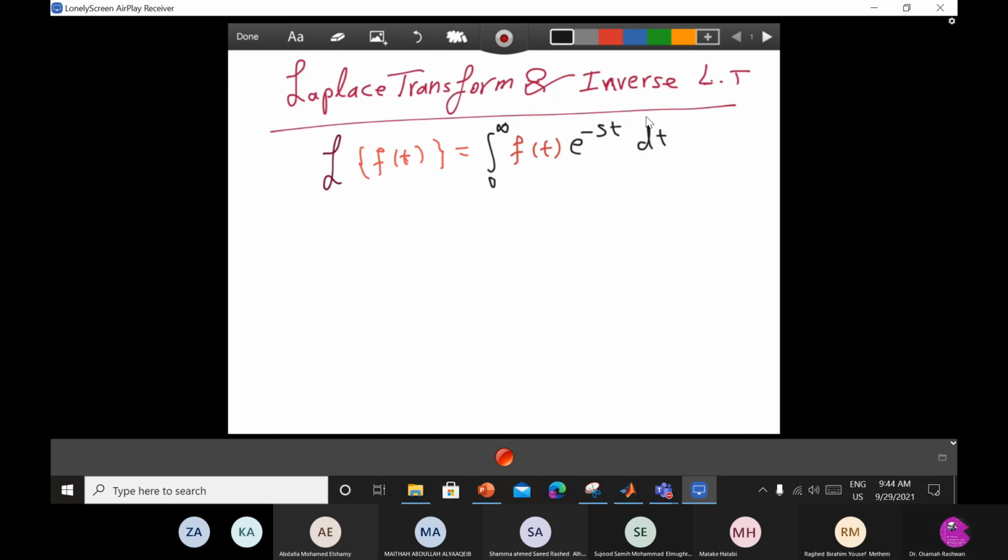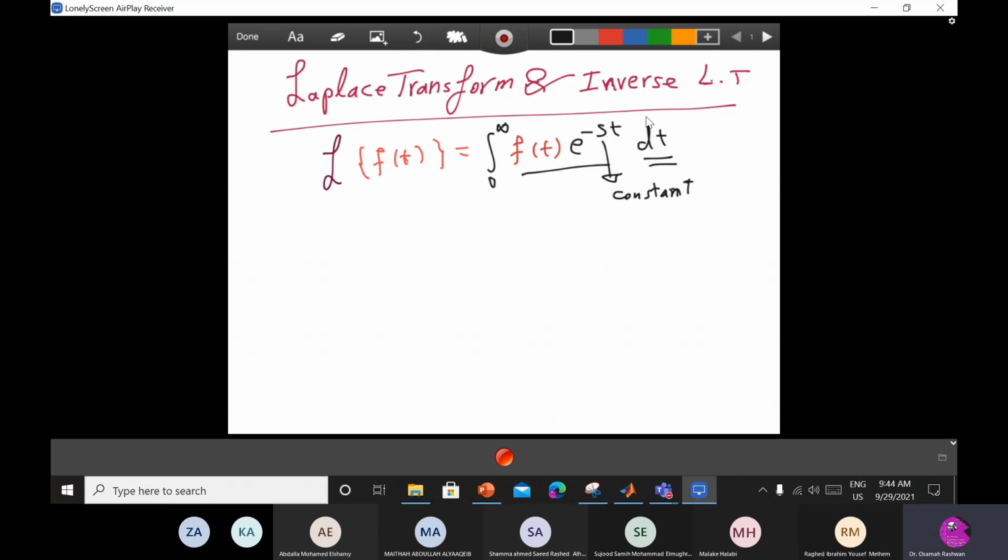Okay, now s is a constant. So you integrate with respect to t all the time because you have a multiplication here. So you are going to use integration by parts.